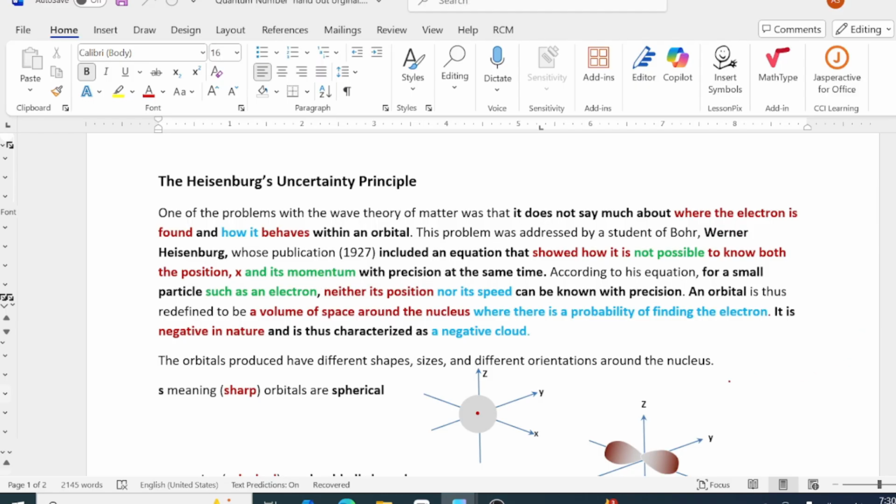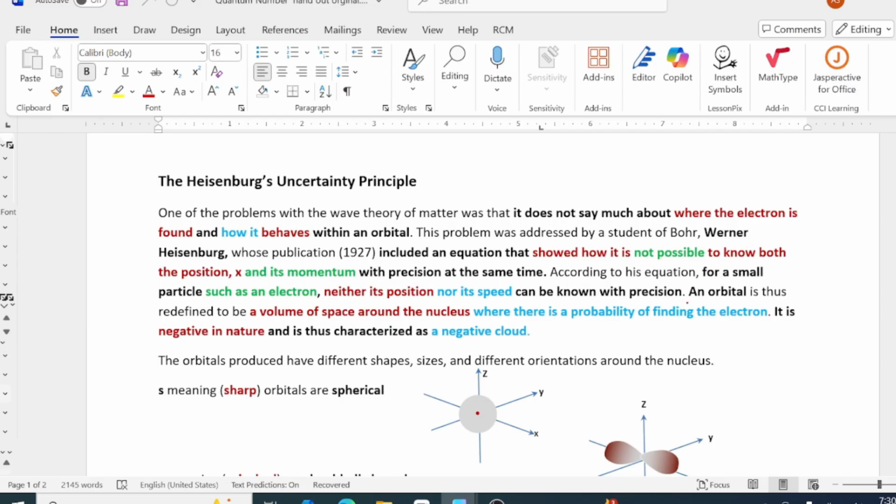This problem was addressed by a student of Bohr, Werner Heisenberg, whose publication in 1927 included an equation that showed how it is not possible to know both the position of a particle x and its momentum with precision at the same time. According to his equation, for small particles such as an electron, neither its position nor its speed can be known with precision.